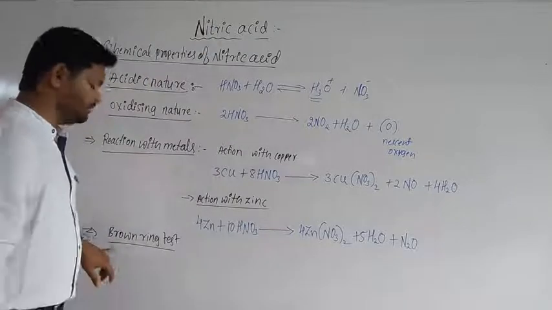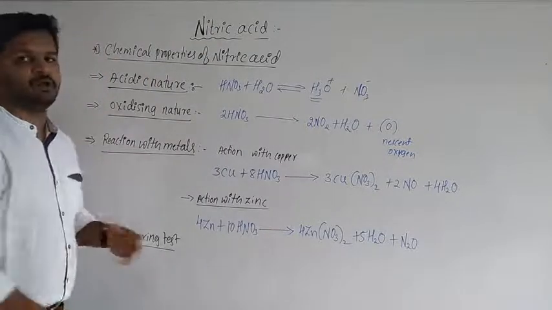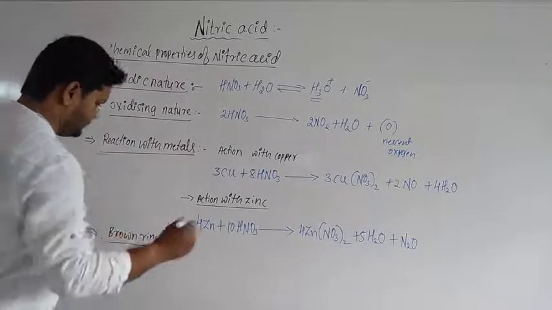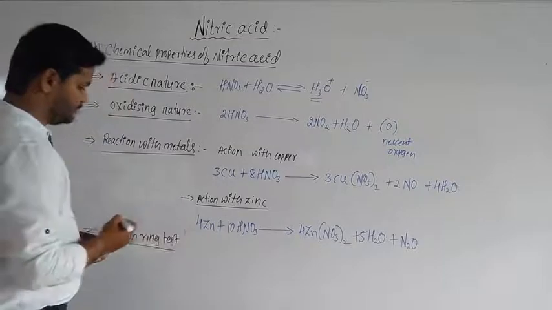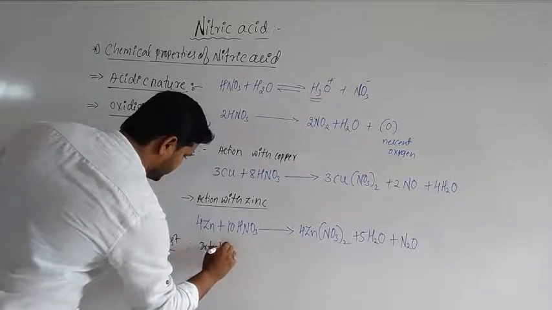And third one, brown ring test. Students, the brown ring test is usually used for the detection of nitrate ion in a particular solution.